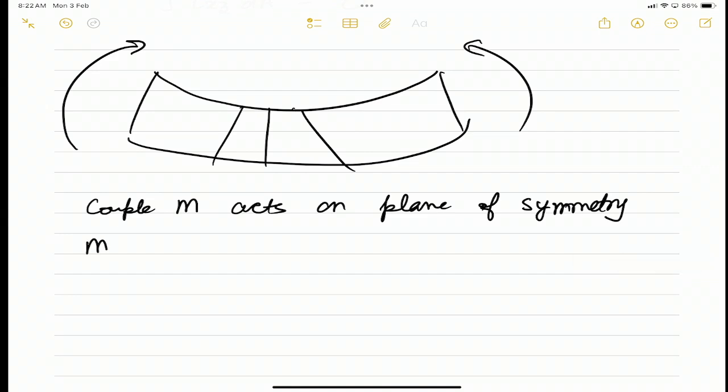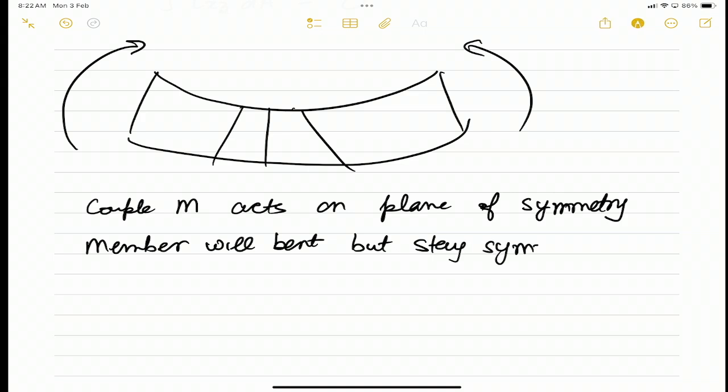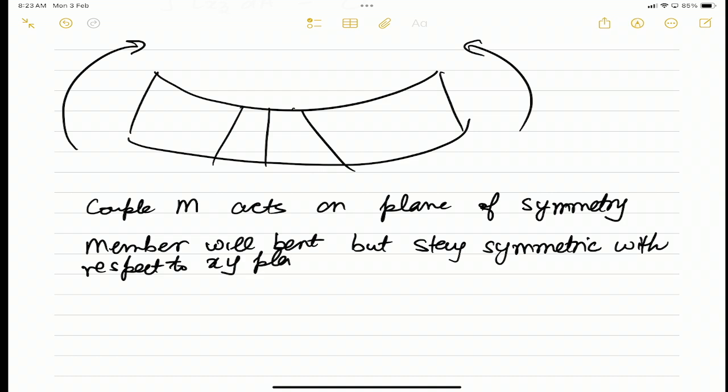So the member will bend but stay symmetric with respect to the xy plane.